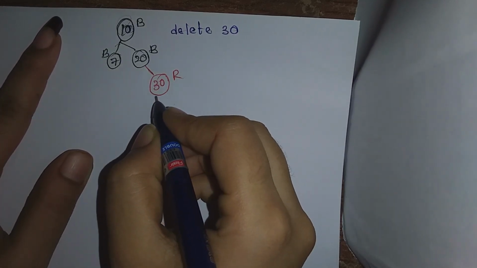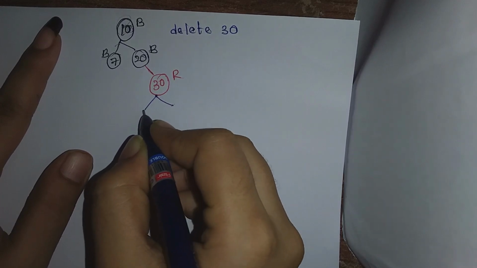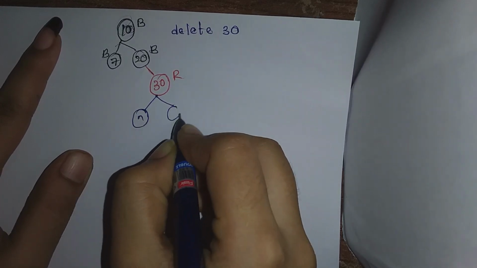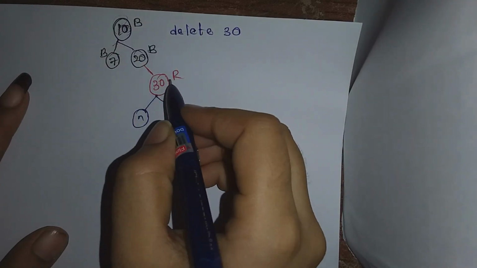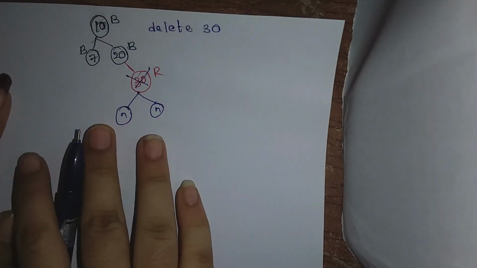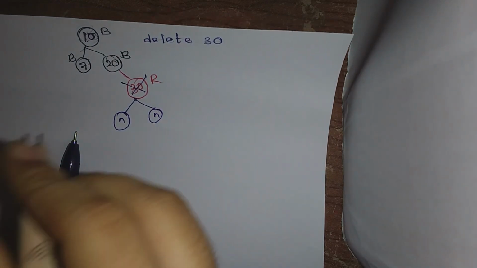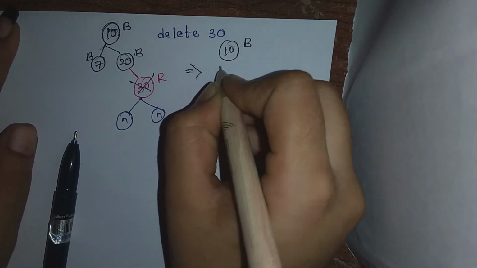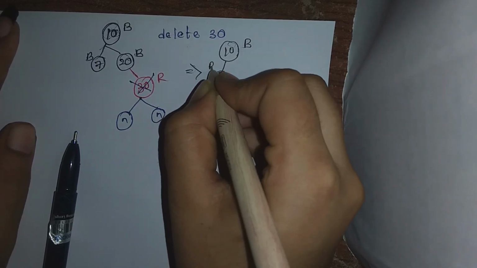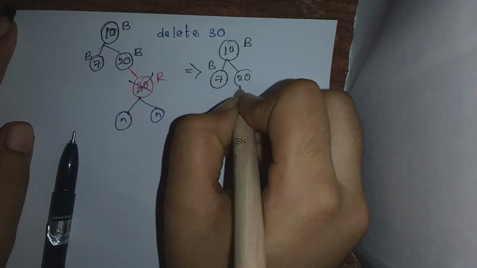Now let us check the children of the 30th element. It has nil children. That means 30 is a leaf node. If it is a leaf node, just delete it. So the final tree after deletion of 30 would be this.